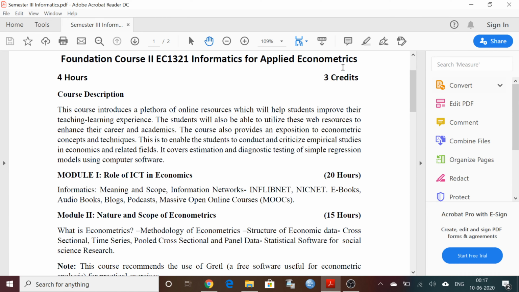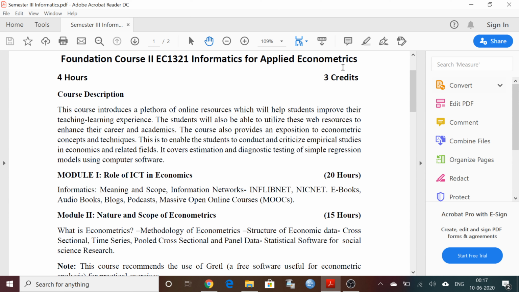which will help students to improve their teaching learning experience. The students will also be able to utilize these web resources to enhance their career and academics. The course also provides an exposition to econometric concepts and techniques. This is to enable the students to conduct and criticize empirical studies in economics and related fields.